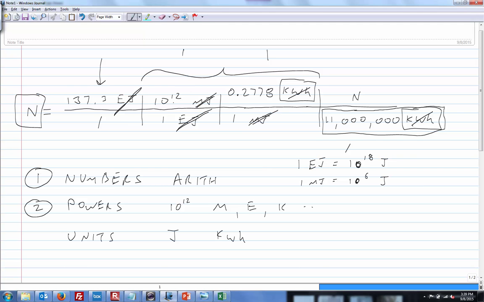And obviously, what we did right here, we traded. You can trade an M for a 10 to the 6th. You can trade an E for 10 to the 18th, but you're keeping track of that as well. So you're keeping track of just the numbers. You're keeping track of the powers through these powers of 10 prefixes.